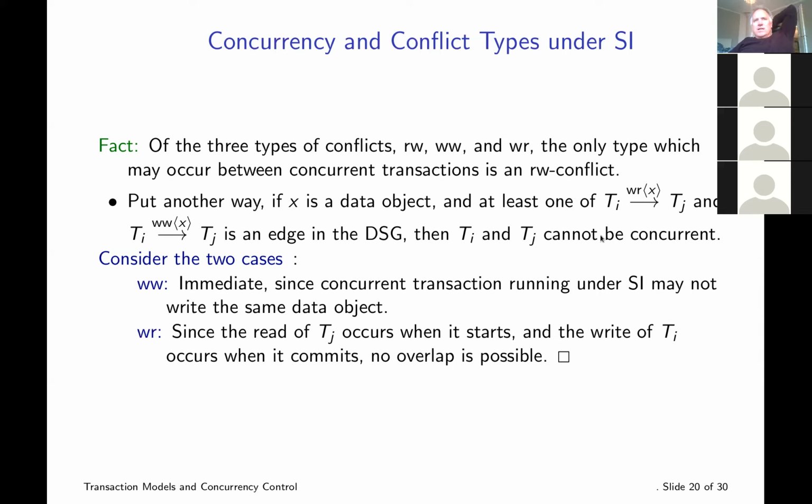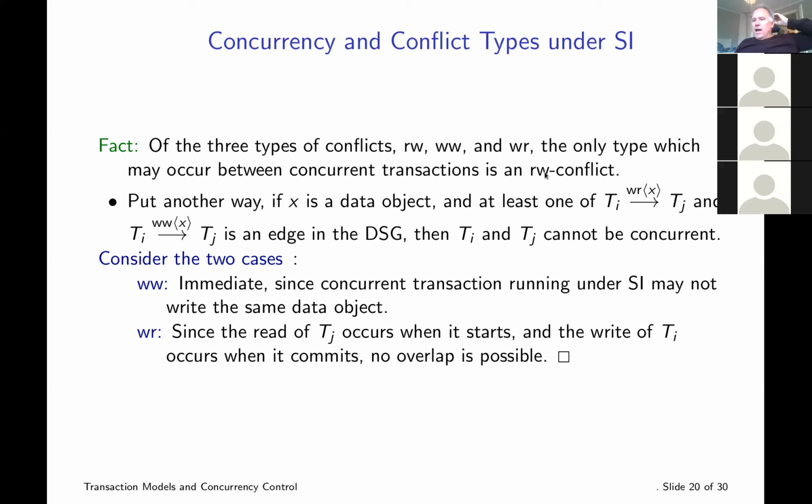But basically what this does is simplify the DSGs that are going to come out. We're running snapshot isolation, and therefore we could be building these DSGs as we're going along. The types of DSGs that come out of this are only going to have the read-write conflict, and that's the only one it can have.